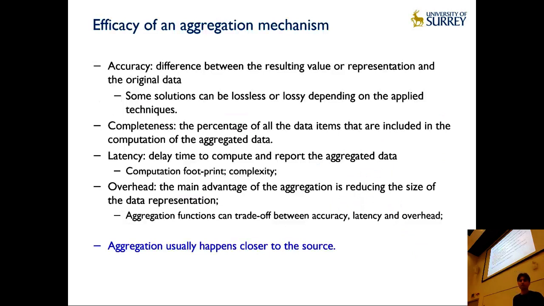In different applications, different scenarios, you might choose different ways of looking and analyzing data or aggregating data. But there are few characteristics which are very important in that decision making. One is the accuracy. If you're aggregating data, a very simple one, you take the average, you're losing basically some accuracy. The difference between the resulting value and representation of the original data.